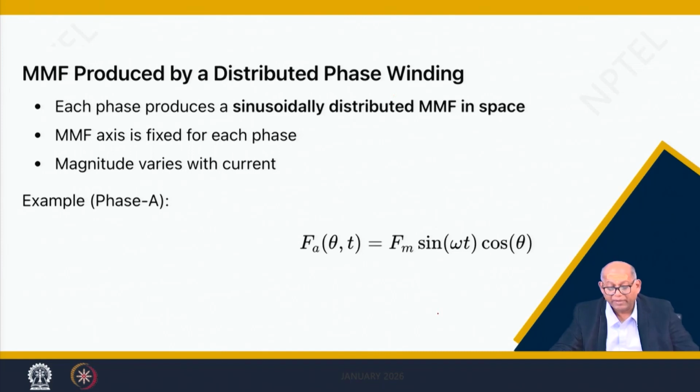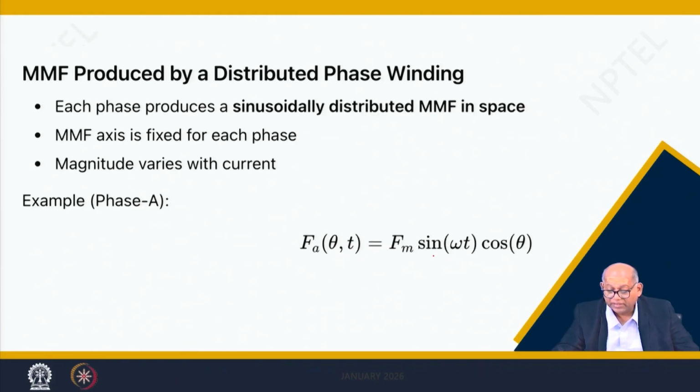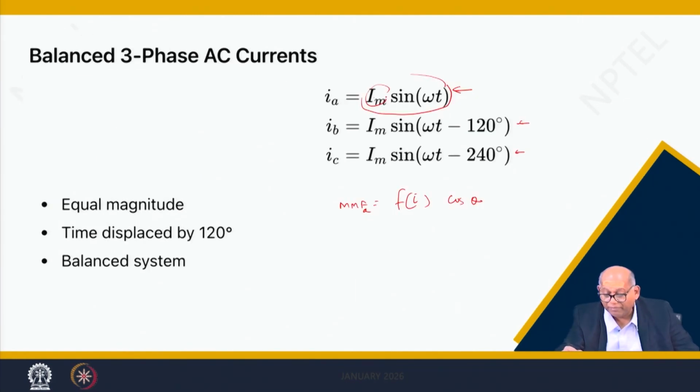So, you can say the MMF is proportional to the current. MMF will be proportional to current, and also to space, because of the distribution of winding. So, MMF is proportional to this current in time, and at the same time it has a cosine theta component. So, MMF is some function of current into cosine of the angle theta, that is for phase A, MMF phase A. Similarly, MMF phase B, phase C. So, you can see this MMF phase A is cos theta and proportional to current, and current is proportional to Im and sin omega t.